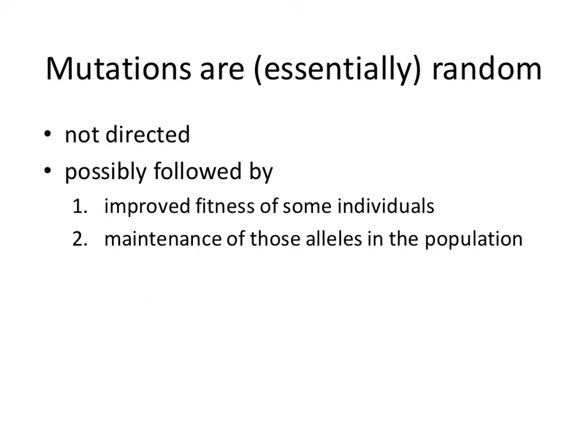If the mutation's beneficial, those individuals that have it would be more successful, they'd have more offspring, and that allele would stick around longer over generations in the population. That's the maintenance of the alleles in the population part.